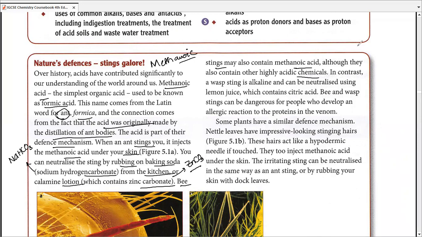If you don't have baking soda, remember, we have discussed about it. Toothpaste is also an alternative, or milk of magnesia is also an alternative. Remember, anything slightly alkaline can always help us neutralize the effect of an acid.